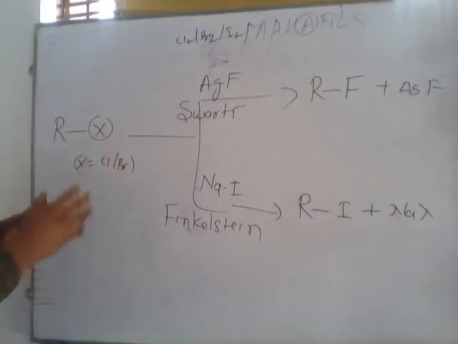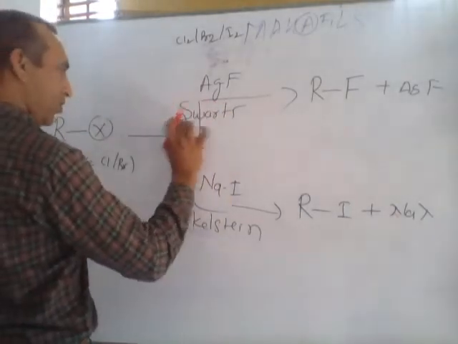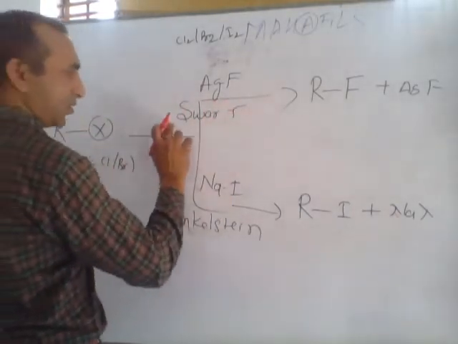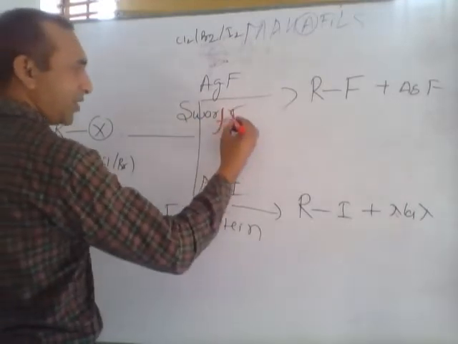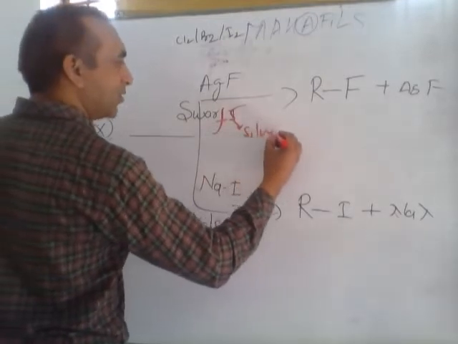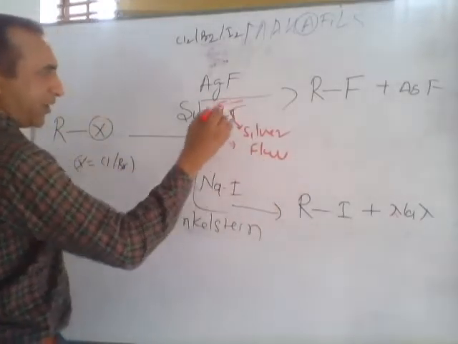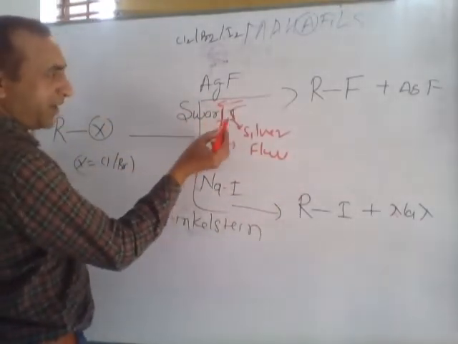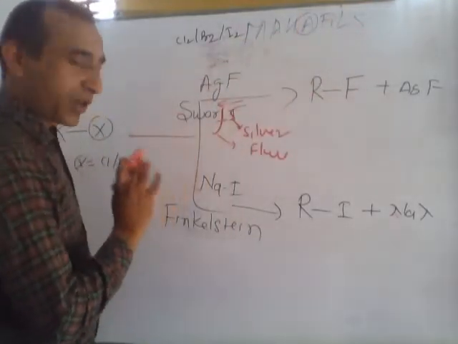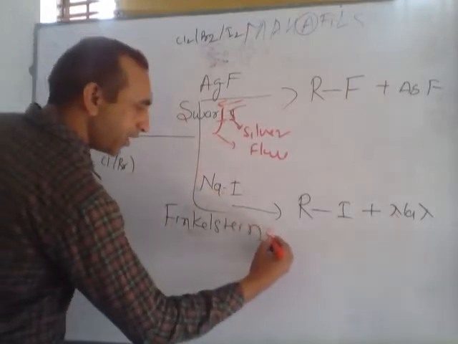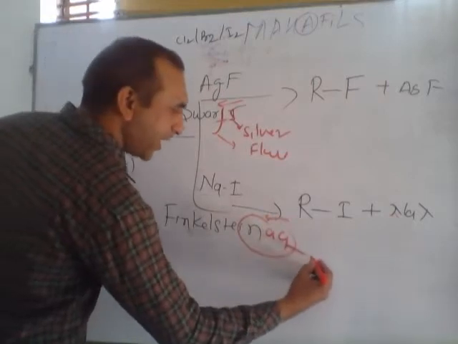So how can we remember these reactions? Take Swarts: S stands for silver and F stands for fluoride. If we are using silver fluoride, the reaction is called Swarts reaction. In Finkelstein, the double A in reverse means acetone.